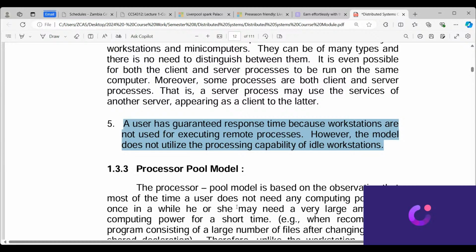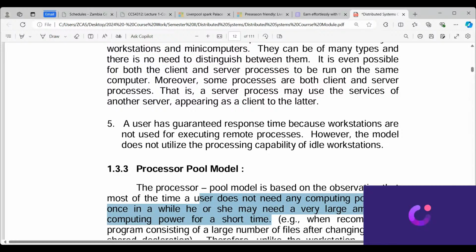The processor pool model is based on the observation that most of the time a user does not need any computation power, but once in a while he or she may need a very large amount of computing power for a short time. So that's why the processor pool model draws its strength.